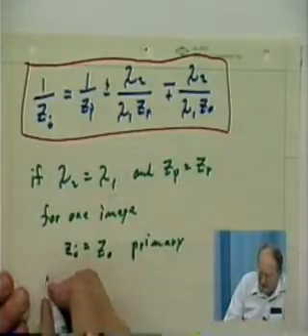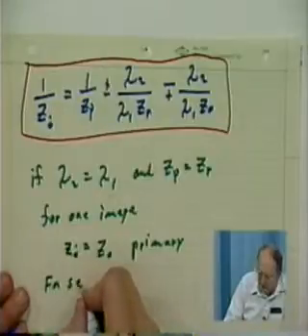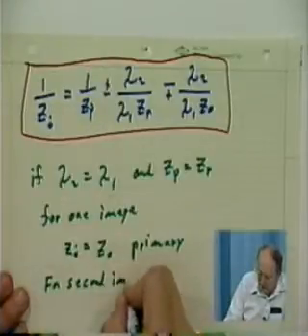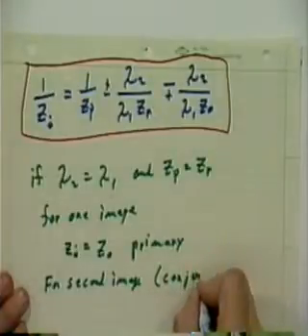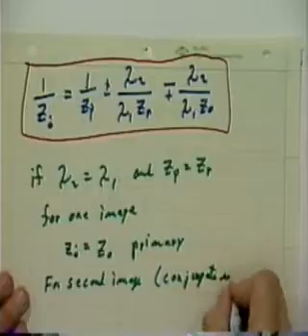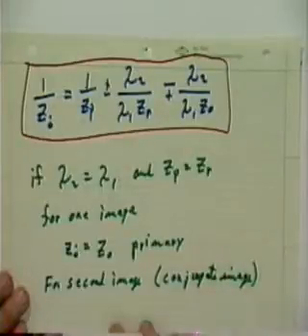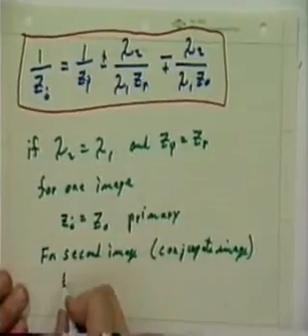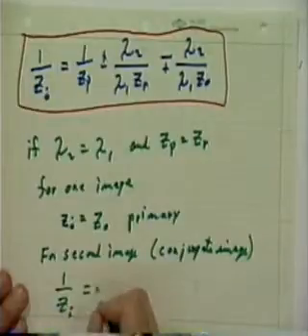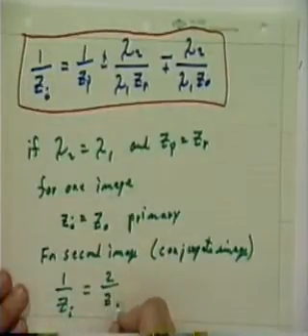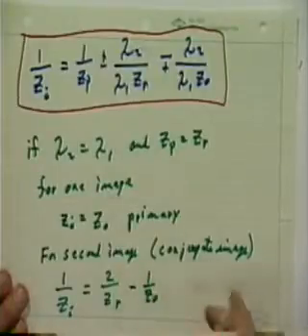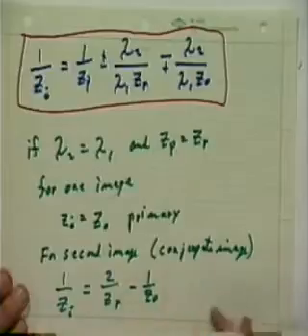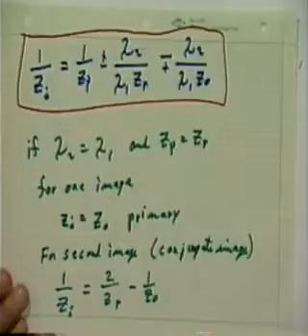For the second image, what we'll call the conjugate image, well, now 1 over z sub I is going to be 2 over z sub r minus 1 over z naught. Okay, so it's located someplace else.